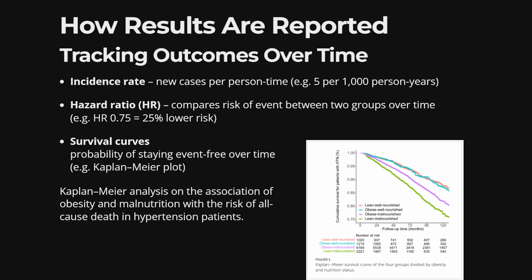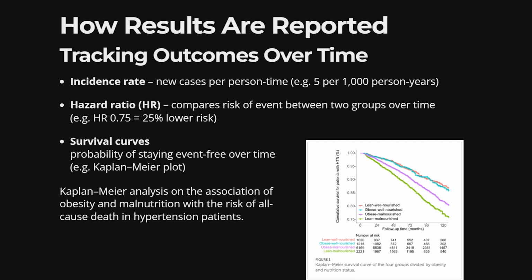So this was a study just on obesity, malnutrition, and the prevalence and outcome of hypertension. So this one is just looking at the survival for patients with hypertension based on their diet and if they were obese. So you can see that the red line is if the patients were lean and well nourished, and the sky blue is if they were obese and well nourished.